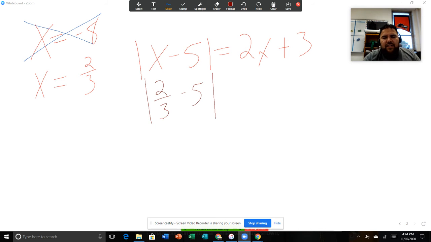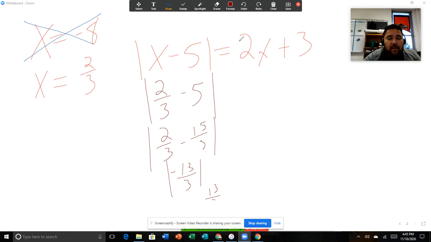I'm going to change 5 into thirds by multiplying it by 3. 5 times 3 is 15, so that's actually 2/3 minus 15/3. This makes it a little bit easier. So 2 minus 15 is negative 13/3, and the absolute value of negative 13/3 is positive 13/3.